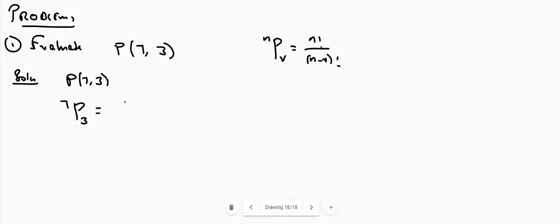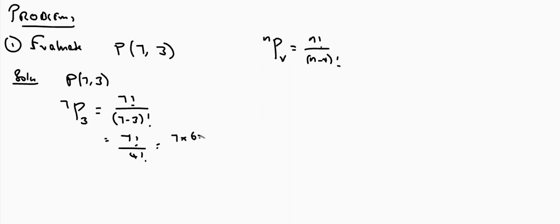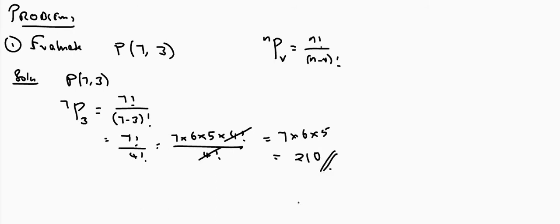Then 7P3 is equal to 7 factorial by (7 minus 3) factorial, which is 7 factorial divided by 4 factorial, which is 7 into 6 into 5 into 4 factorial by 4 factorial. 4 factorial will get cancelled. Then we get 7 into 6 into 5; 6 fives are 30, 30 into 7, 210.